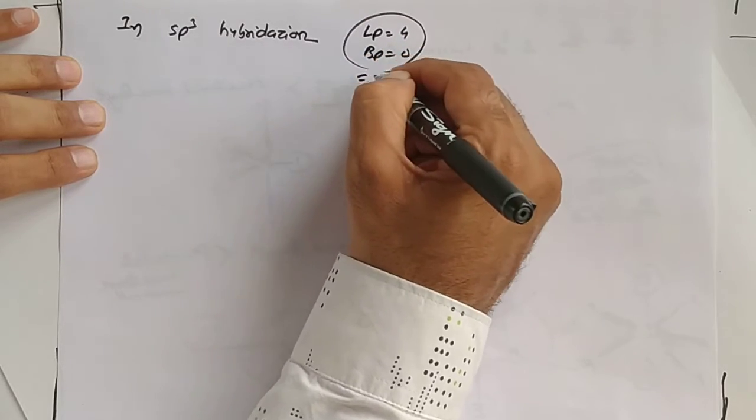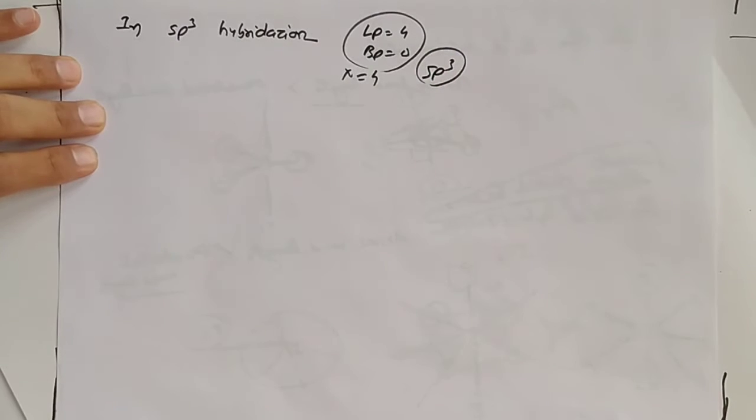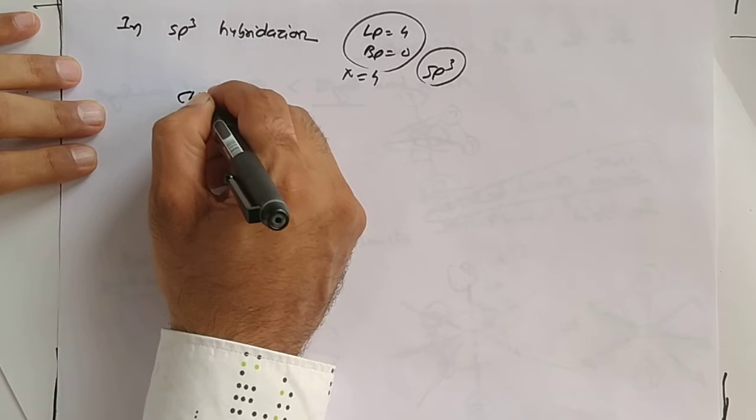So the value of x is 4. So for sp3 the exact shape is tetrahedral.